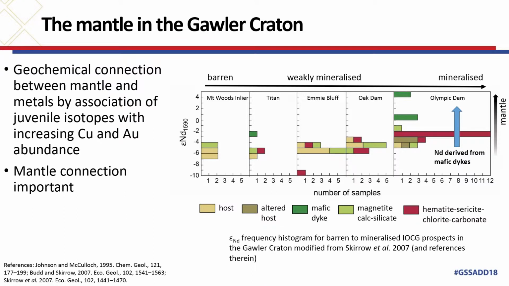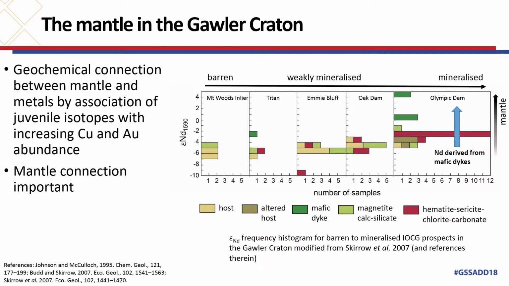So previous work, particularly in the ICG province, has shown that there is an increasing mantle input with mineralisation, first established at Olympic Dam back in the mid-90s. And so from these studies, it was then suggested that there was this important connection between the mantle and mineralisation.